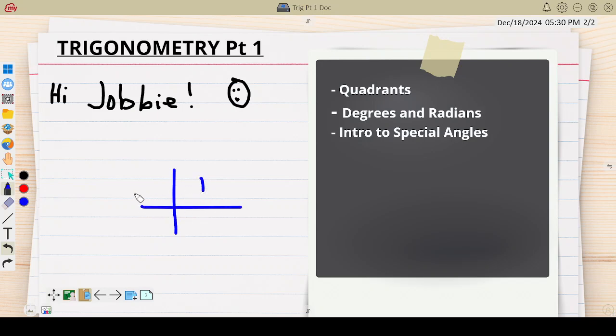We have the first quadrant, second quadrant, third, and the fourth one. So we're going to look at these. This will be a very short subheading. And then from the quadrants, we're going to look at the degree measure and the radian measure. And then from there, we're going to look at an introduction to special angles.